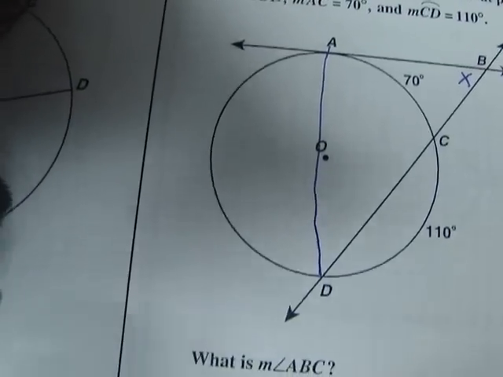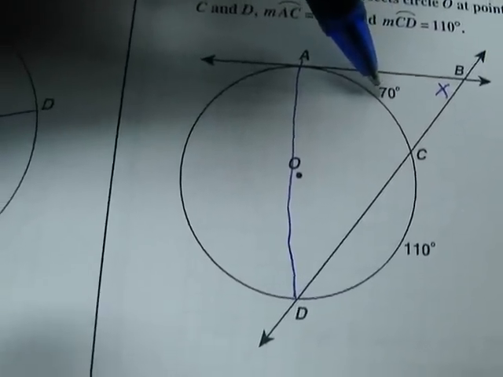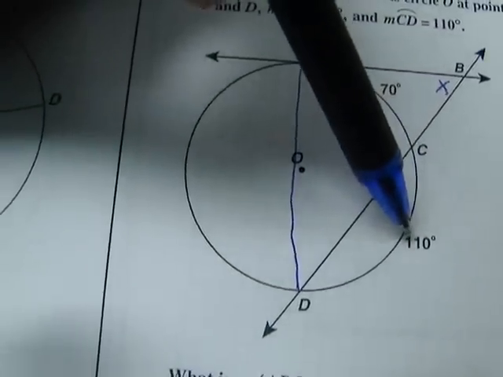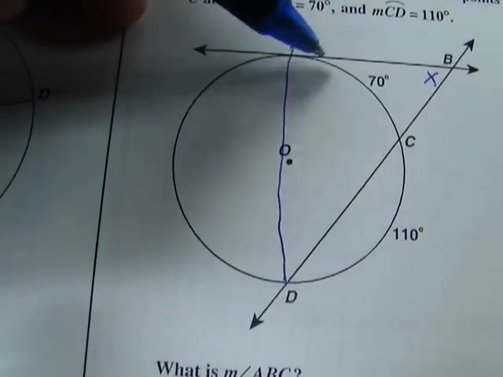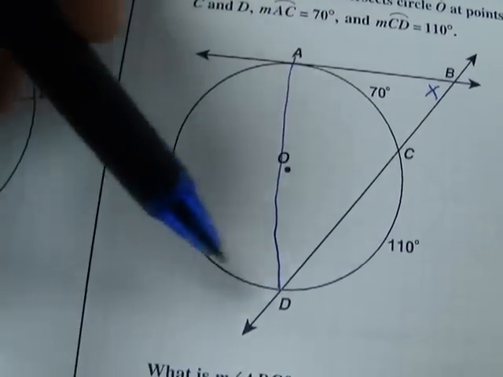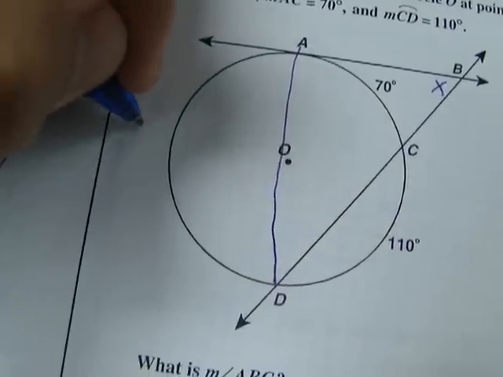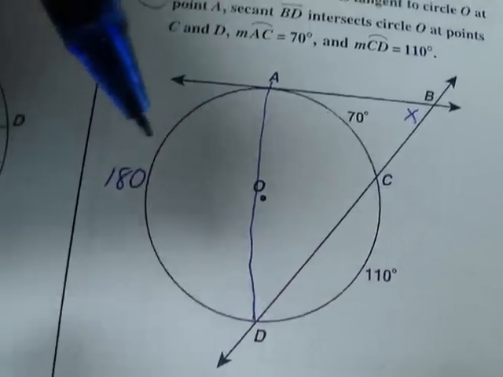But that might not be sufficient proof. Here's what is sufficient proof. This arc here is 70. This arc here is 110. 70 plus 110 is 180. So if this arc is 180, guess what? This arc is also 180. Why? Because circles have to add up to 360. So if this is 180, now we've got a pretty easy problem.